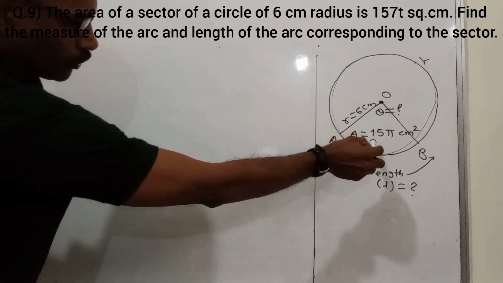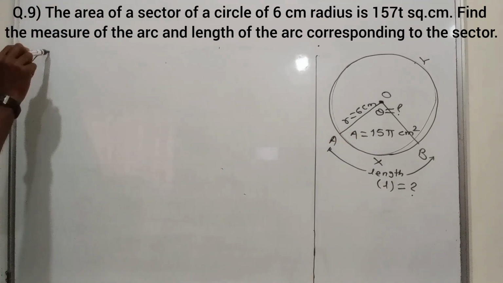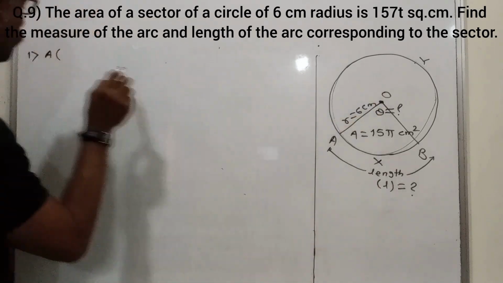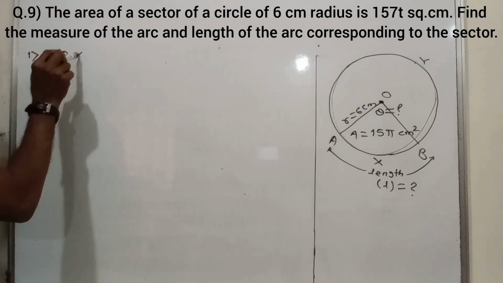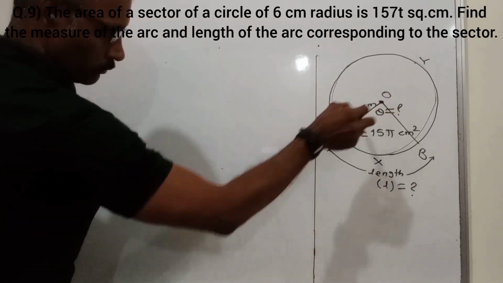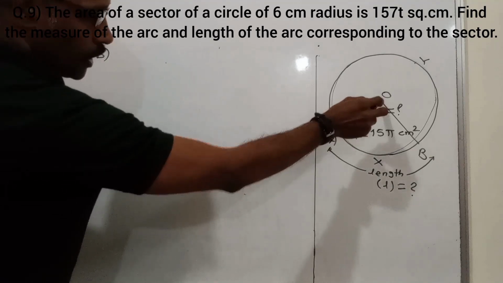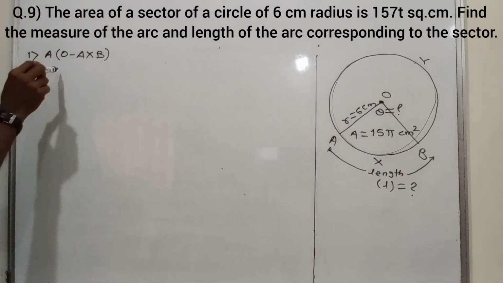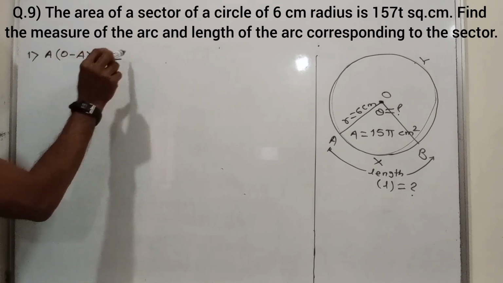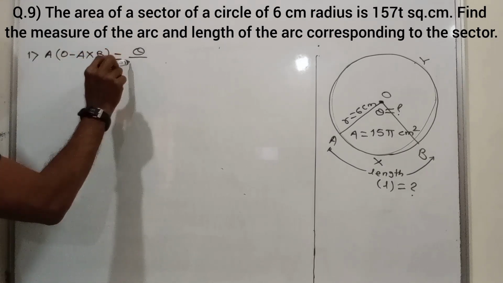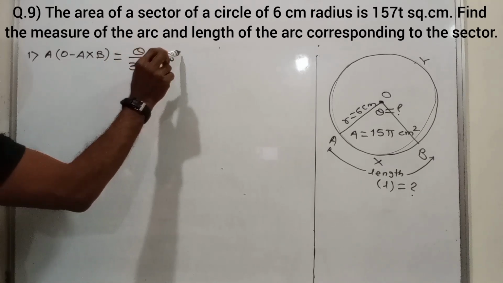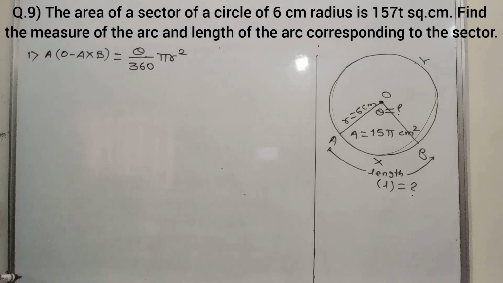First, we know area of sector. Area of this sector O dash AXB. We write this way, area of sector is equal to theta upon 360 into pi r square.